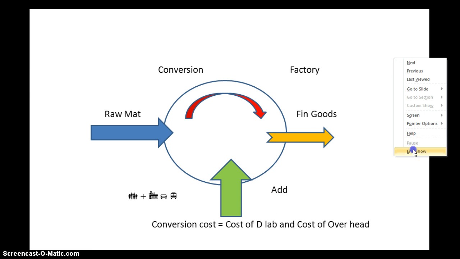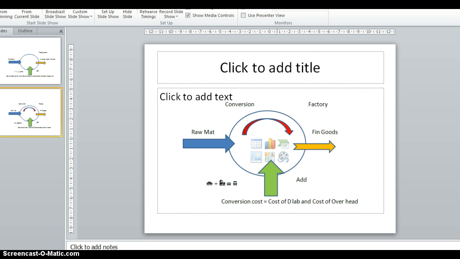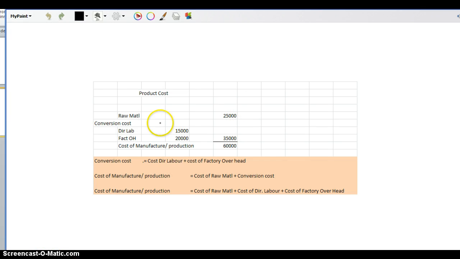Let's look at this in a different way. From a product cost point of view, within a factory, that's the production cost you are trying to work out. That's the raw material purchases, which is the cost of raw material. But the direct labor that you add and the factory overhead are called conversion cost.